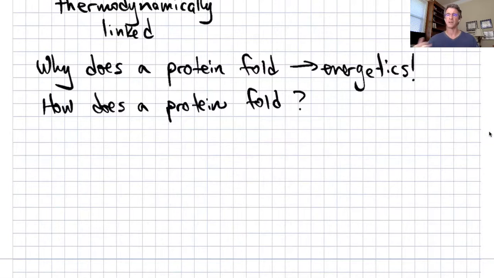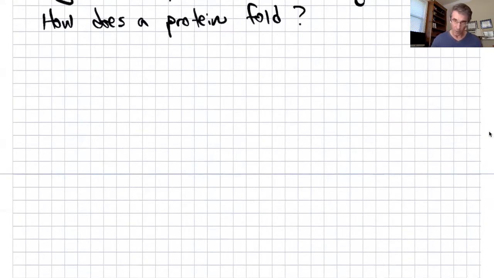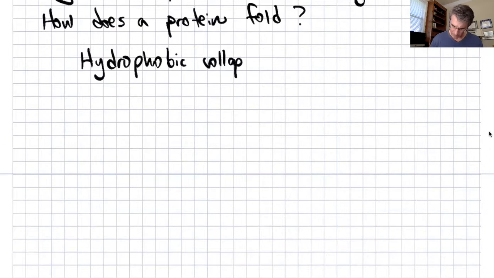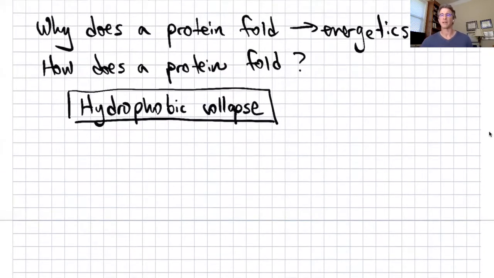Over the last 30 to 40 years, the picture has been coming into focus. What's really come to be clear is that the price is getting paid at the earliest stages of folding in two ways. The first is, of course, hydrophobic collapse, which is directly related to the phenomenon we've been talking about, the hydrophobic effect.